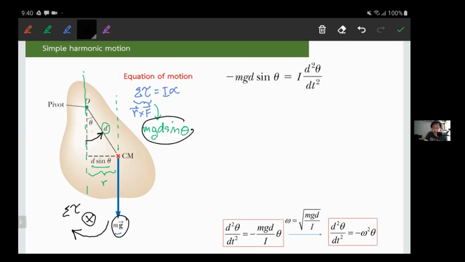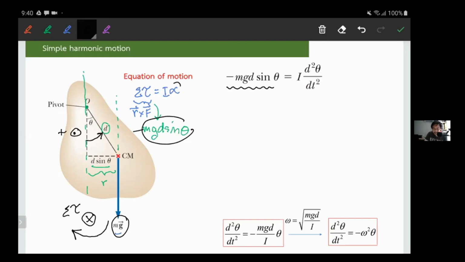But your theta is out of the page. That's a positive direction. Your theta is counterclockwise. So when you move your hand counterclockwise, your thumb points to your face. That's why this torque is actually negative. Into your face is positive, so away from you is going to be negative. So that's why you have a negative sign in the front. With me, guys?